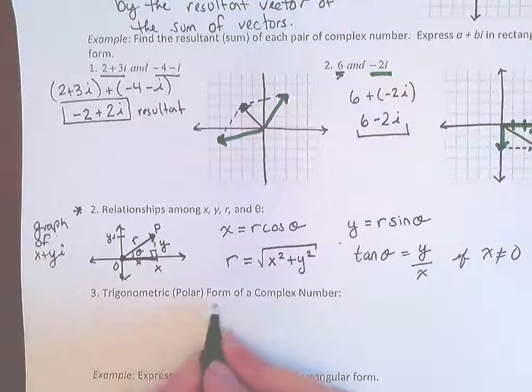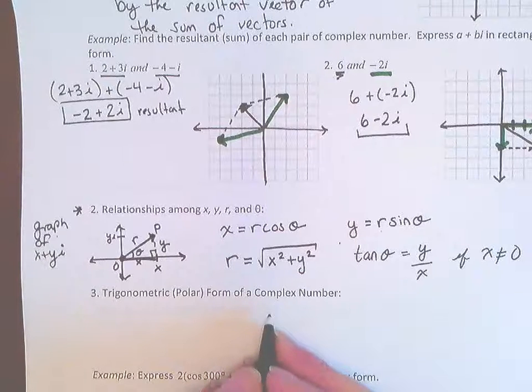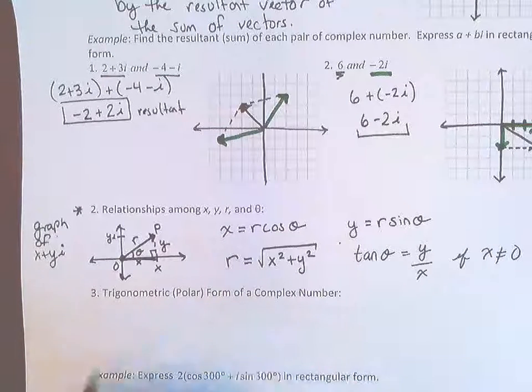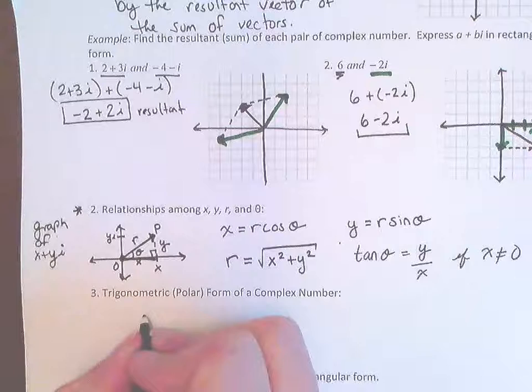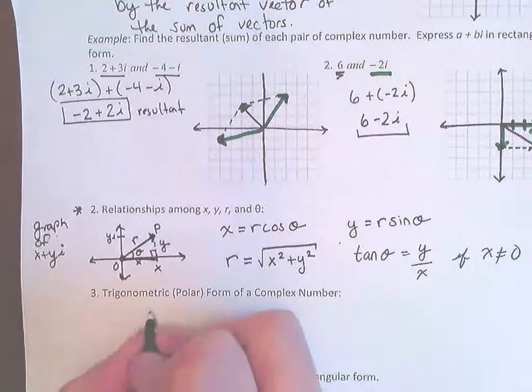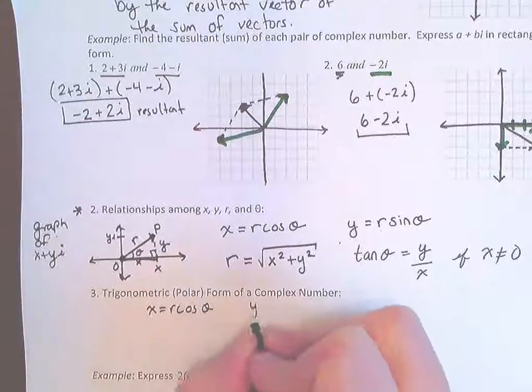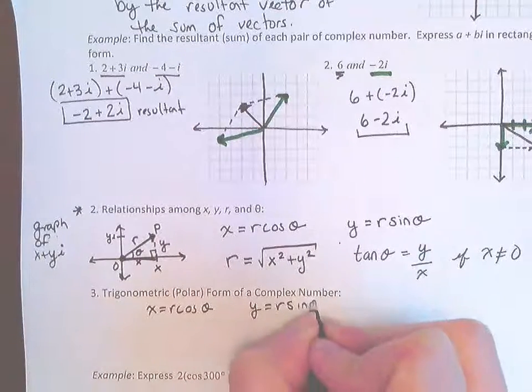Alright, so the trig, or the polar form of a complex number looks like this. And the way that we get that is literally, think of it, you have x equals r cosine of theta, and you know that y equals r sine of theta.